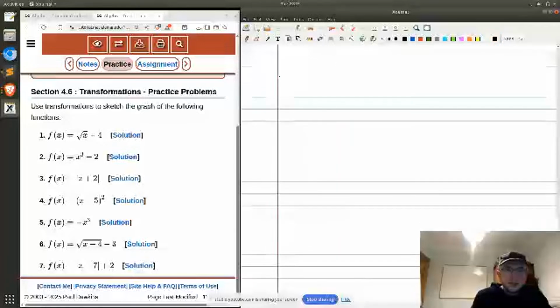Graph 3. The absolute value of x plus 2.